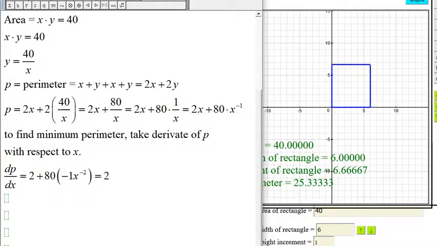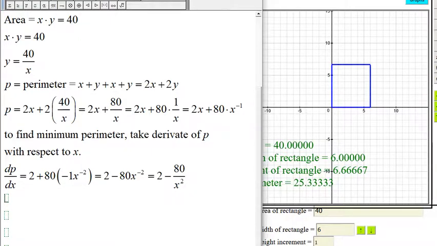And so we get 2 minus 80x to the negative 2. And this is 2 minus 80 over x squared. x to the negative 2 is the same as 1 over x squared, and 80 times 1 over x squared is 80 over x squared.